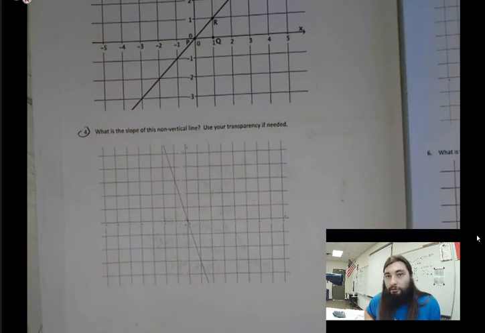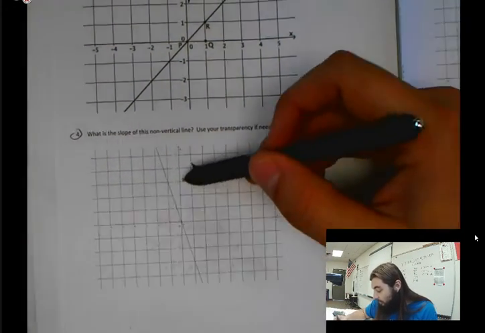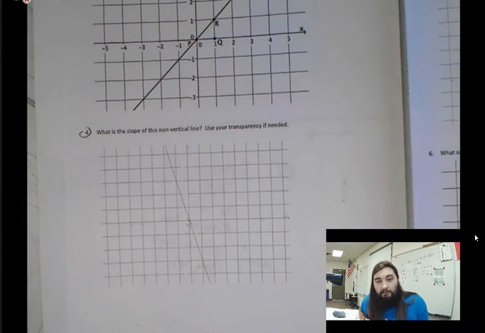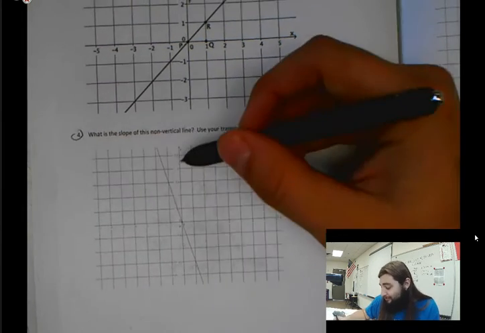Question number 4 is a little bit different than the ones we've seen before, mostly because our y-axis now has rational numbers on it. Each one of our axes is essentially a number line. So we don't just have whole values in there, we can also potentially have rational numbers like we do here.